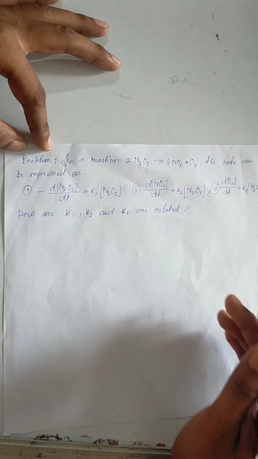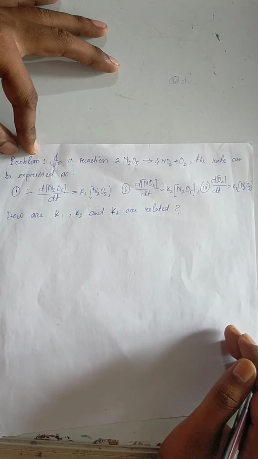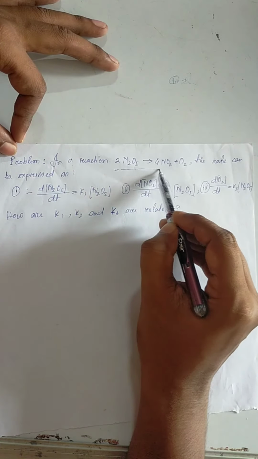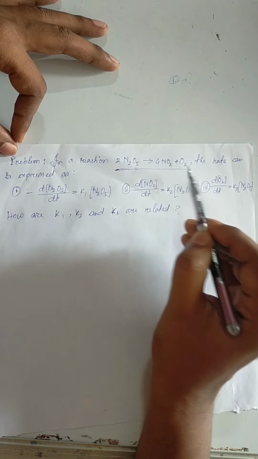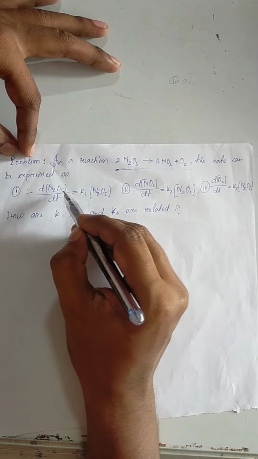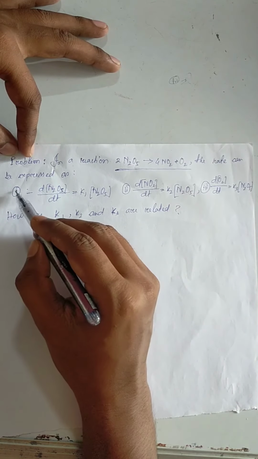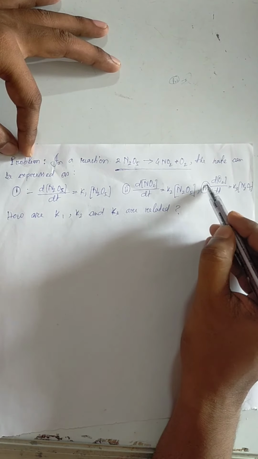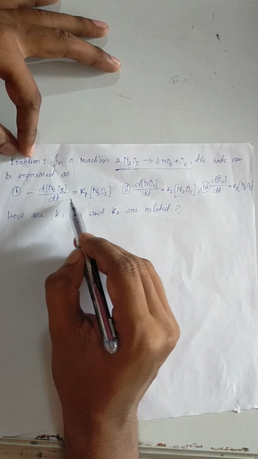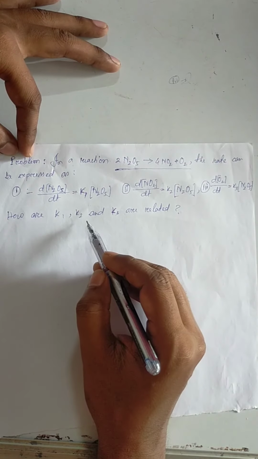This is the problem. You can see this in a reaction. This is the reaction. So the rate can be expressed as these are the 1, 2, 3 points. You can see that. So these are the conditions.